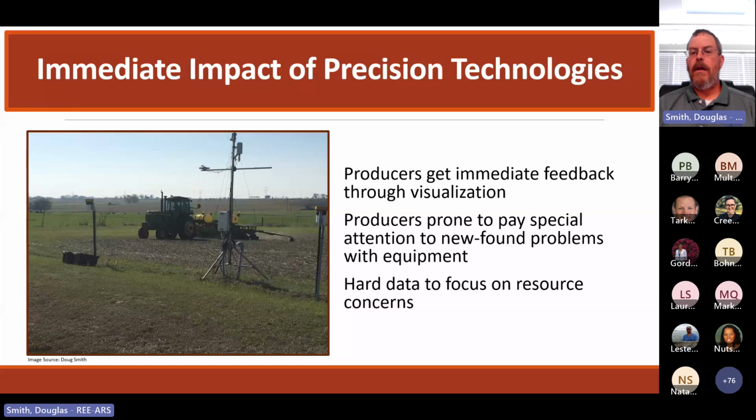I would say it gives hard data for people that are focusing on resource concerns, such as NRCS personnel, to visit with farmers, to take some of these yield maps and identify where some of their resource concerns are. So maybe some of these areas could use a grass waterway or other practice to improve.